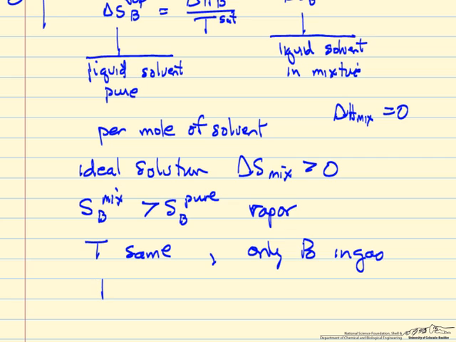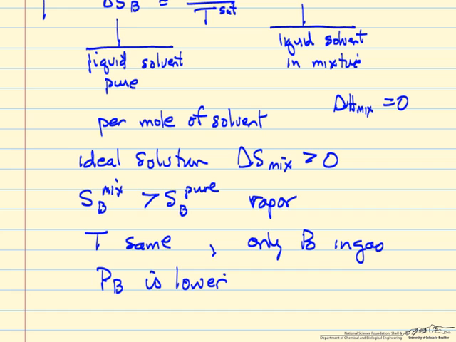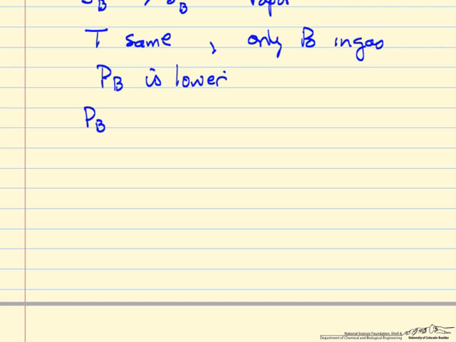That means the pressure of B is lower, because at constant temperature, to increase the entropy of an ideal gas, we lower the pressure. So the pressure of B in the mixture is less than the saturation pressure of B. And this is, of course, what Raoult's law says: it's lower.